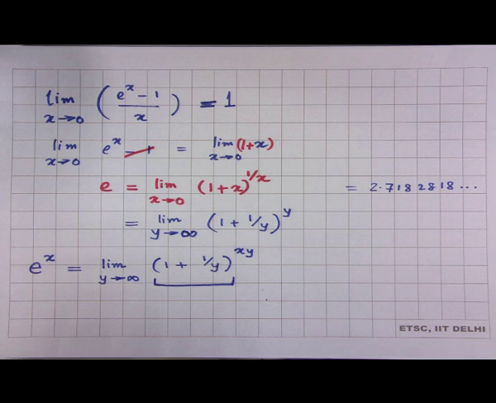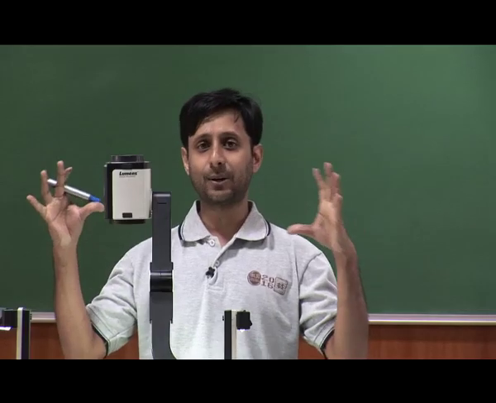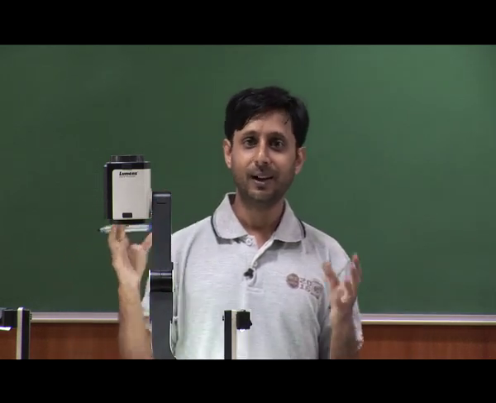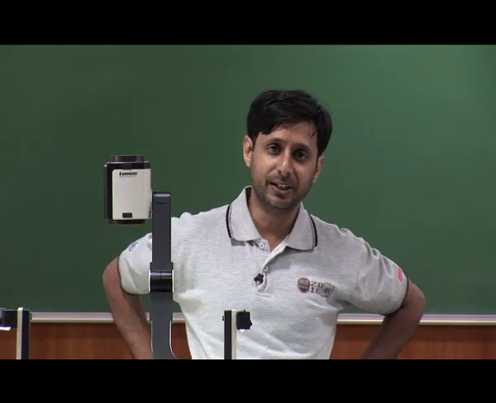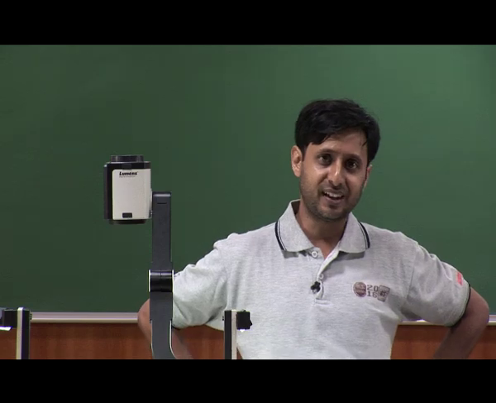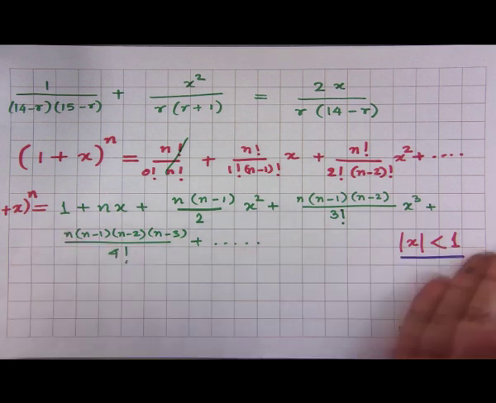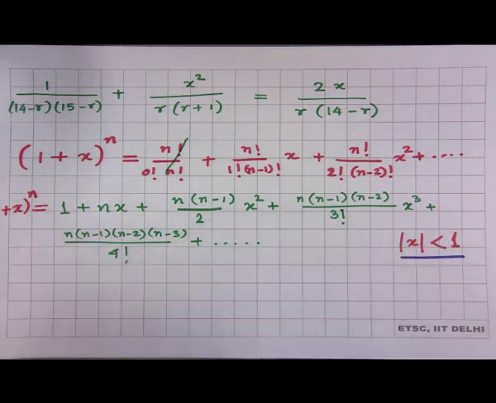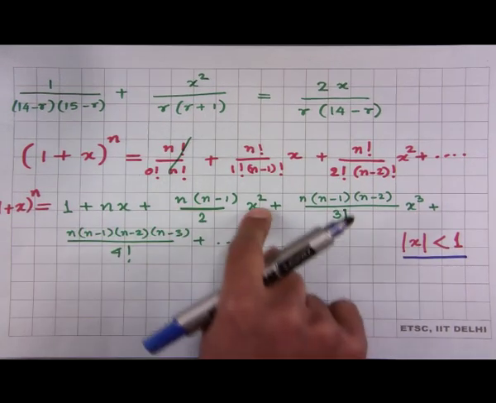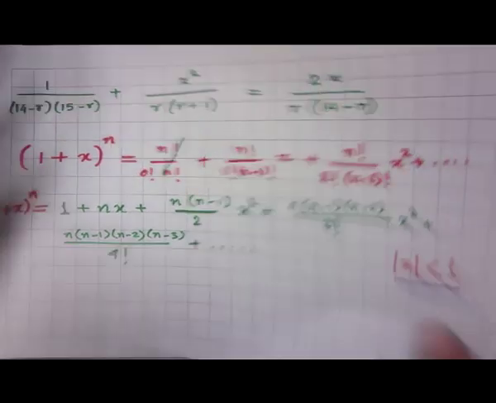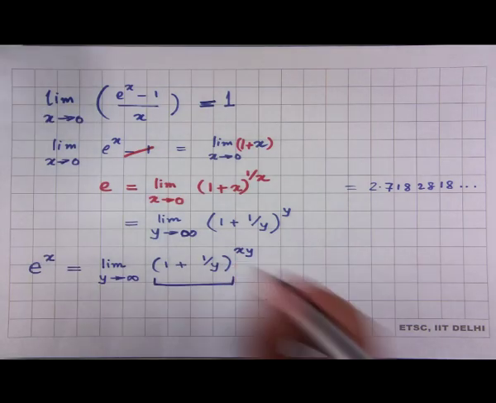So, it satisfies that relationship, which means that 1 plus something which is very small, smaller than 1, raised to some power. To solve this, I can use my binomial theorem, or rather the generalization of the binomial theorem, right. It is conceivable that I just plug in whatever is the value of n, x, etc. into this and work it out. Okay. So, what is my n in this case?